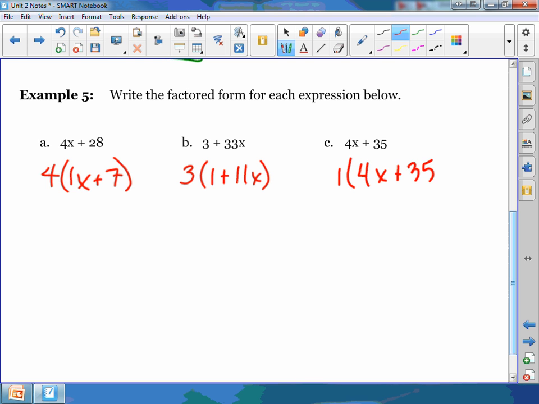And I would say that's fine for now. But here's what I would prefer. That's technically not even factoring it. It's just the same expression written all over again. So what you would say is cannot be factored, or you could just write the initials, CBF. That's universal in my mind for cannot be factored. That's what you're telling me.